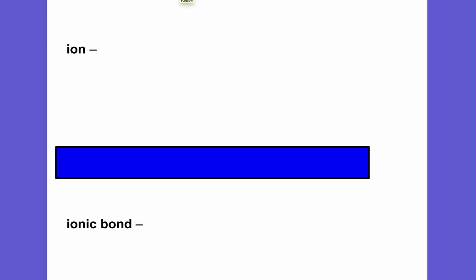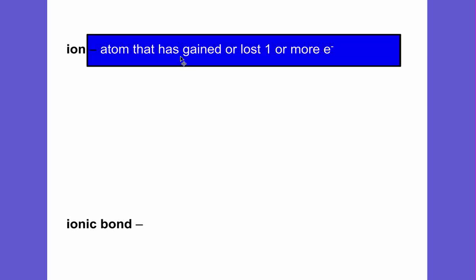Which brings us to our ion definition. This is an atom that has gained or lost one or more electrons. So what we're talking about typically with ions is you have a metal, like sodium, that happens to be in group 1, group 1A, meaning it has one valence electron.